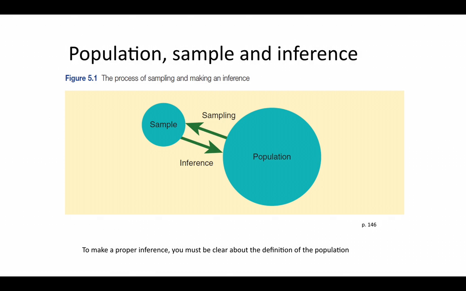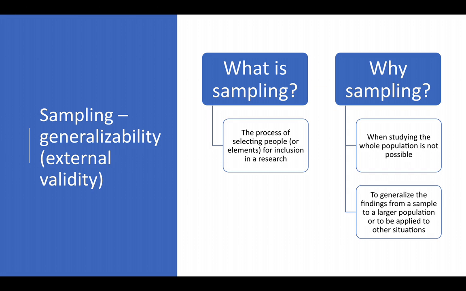So again, let's quickly reflect on what we mean by sampling strategy. We look at a large population, then we select a bunch of them to create our sample. And our hope is this sample is representative enough so that we can generalize our finding from the sample to be applied to the whole population.